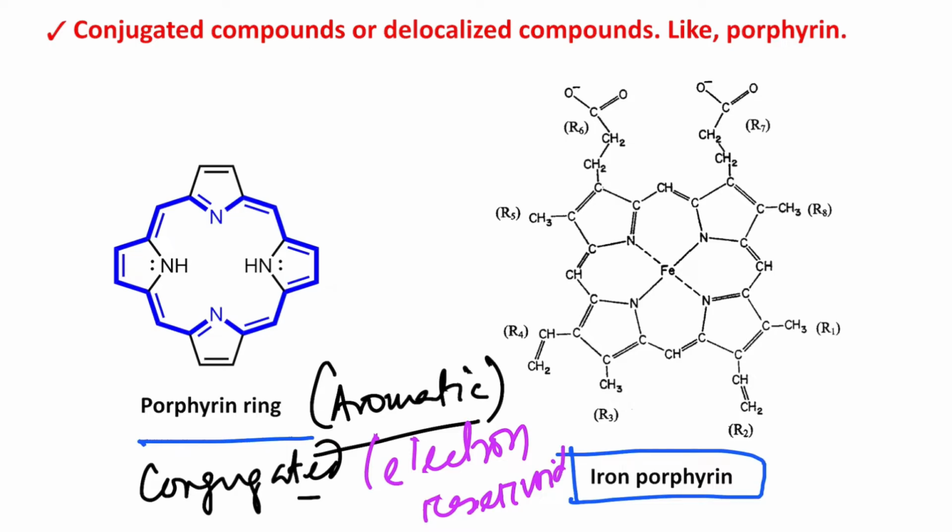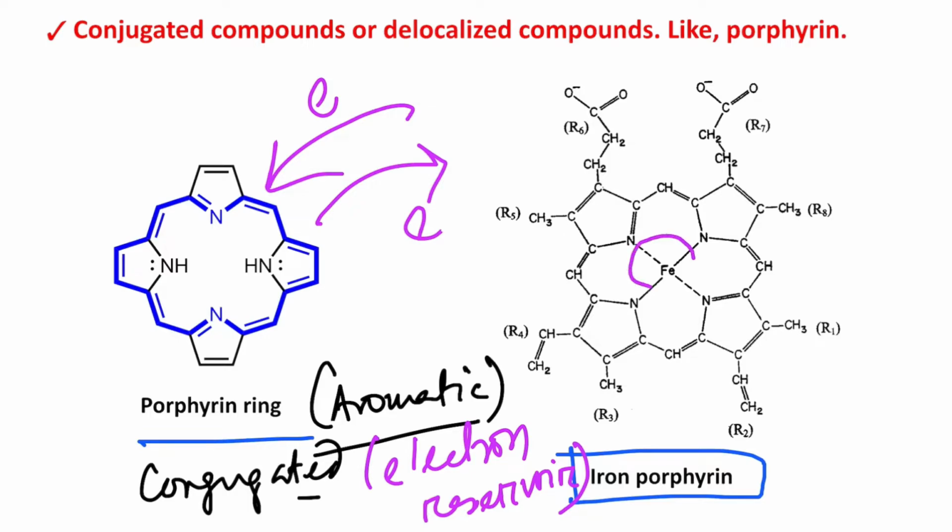Like a water reservoir can store water: when you have excess water, you can store it in the reservoir, and when you need it, you can take from the reservoir. So it is like an electron reservoir, meaning it can take electrons or donate electrons, and that property also helps this iron porphyrin complex to be a redox material in our body.